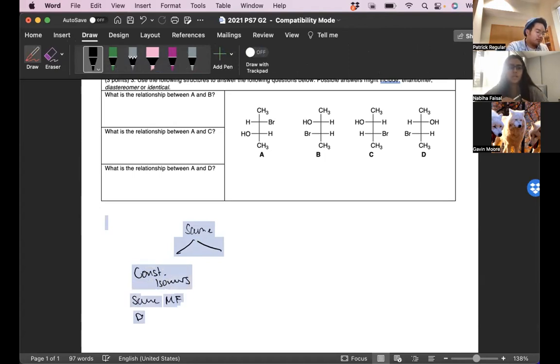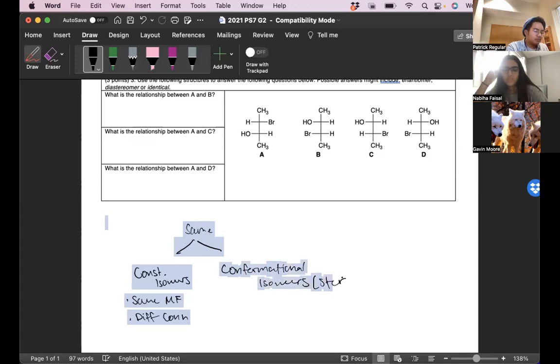Then conformational isomers. Or stereoisomers: they have the same molecular formula and connectivity, but different spatial arrangement.